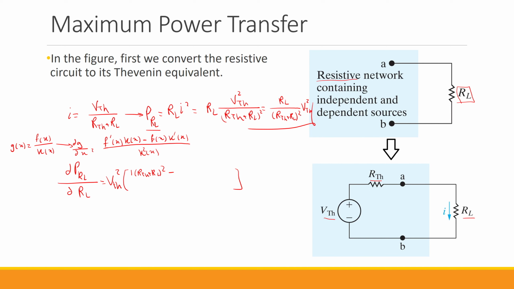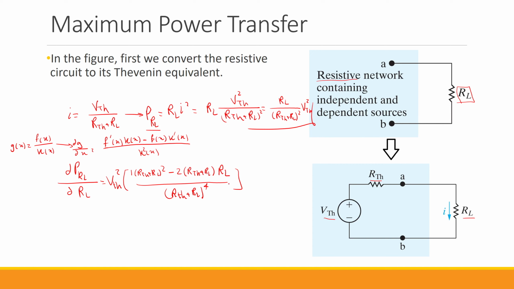It is going to be 2 multiplied by this term in the parentheses. So it is 2 multiplied by RTH plus RL multiplied by the numerator. So it is RL. The whole thing is divided by RTH plus RL squared. So it has already a power of 2, so it will be to the power of 4.